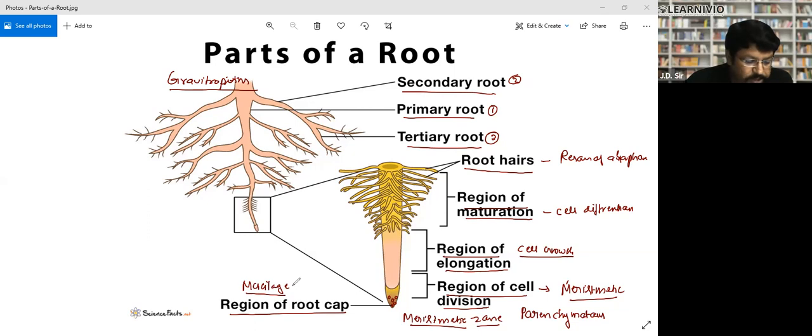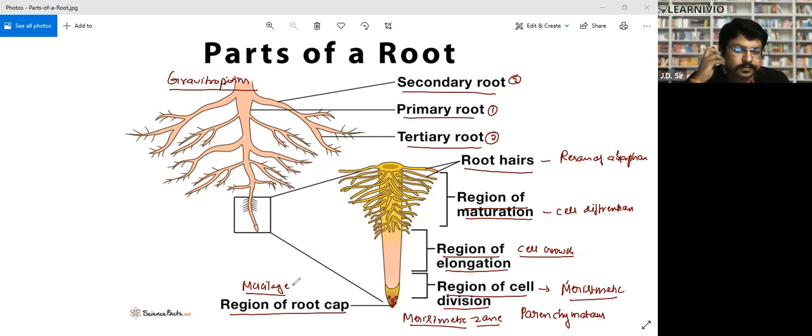The cells of this zone keep on dividing and help in growth of the root.